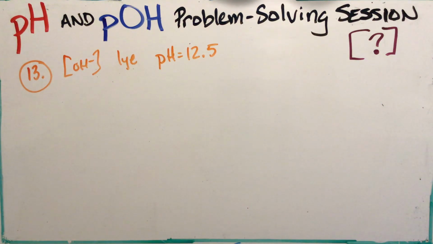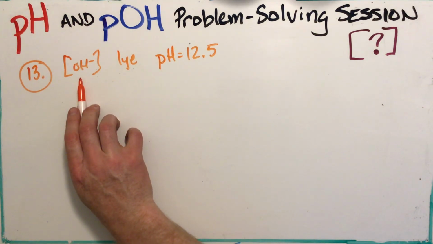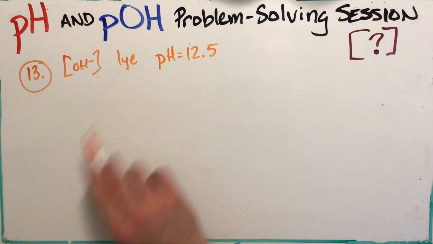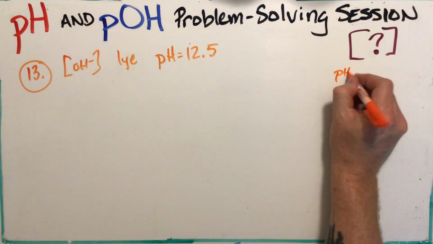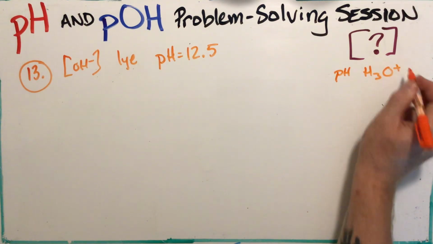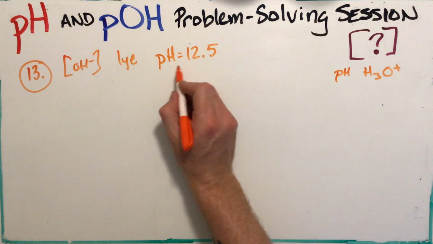All right. Let's see what I'm given here. I got to find this. I know to find that I don't use pH. pH doesn't link to OH negative. Remember, pH links with hydronium, the H3O thing. So I've got to turn this into pOH.